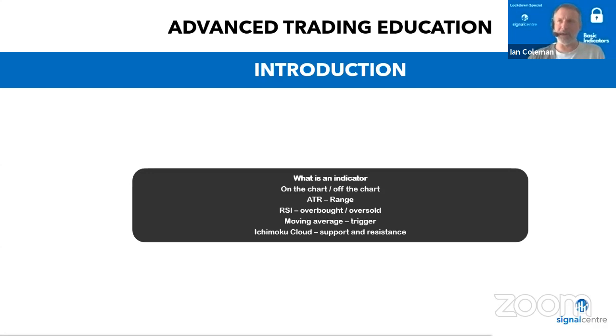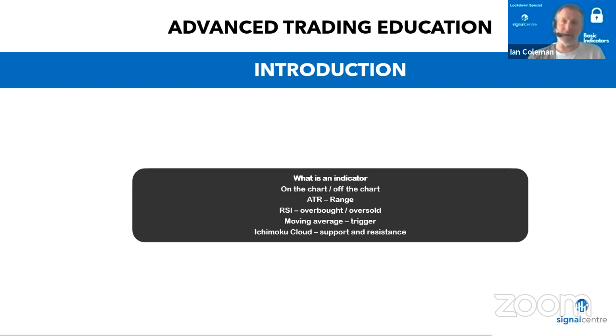The reason I've picked those four types of indicators is because they all offer something different. The ATR offers a range. The RSI highlights overbought and oversold. It also highlights something called divergence, but bullish and bearish divergence are really a standalone subject, and we'll be doing that in a different webinar.